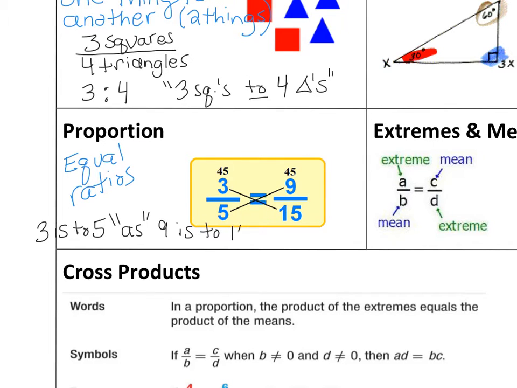Getting in the habit of reading proportions this way will really help you in the future sections that we're going to be studying. Now, we can also look at this certainly in terms of just fractions. 3/5 does equal 9/15. They are equivalent fractions. But our focus is really not on the fractions for this section. It's all about proportionality, and starting to read the English this way is really going to help.